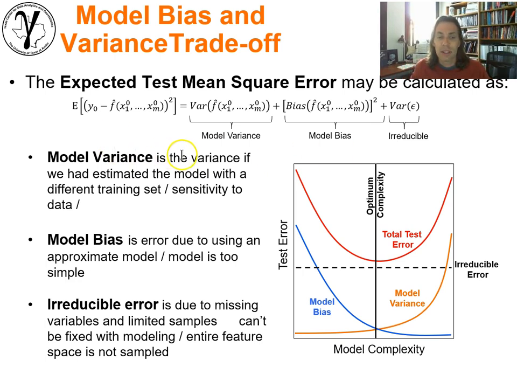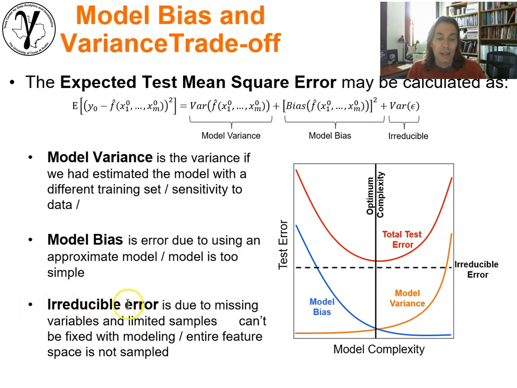The model variance is the variance if we had estimated the model with a different training data set, if we had changed it just a little bit. In other words, model variance is the sensitivity of the model to the actual training data that's used. Model bias is the error due to using an approximate model. The model is too simple to fit the complexity of the actual phenomenon. That's model bias.